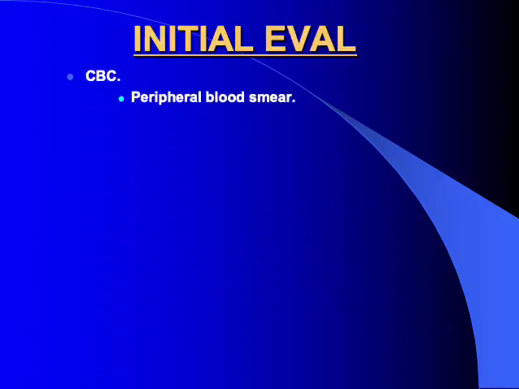Initial evaluation for lymphoma: CBC and peripheral blood smear, which may show circulating lymphoma cells. Anemia, thrombocytopenia, or leukocytosis or leukopenia, all of this could be obtained by CBC.